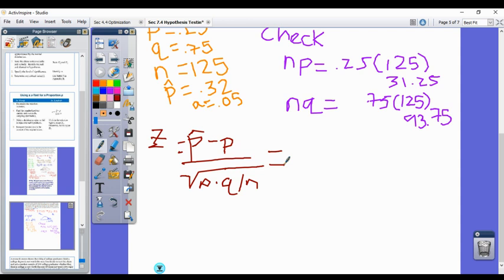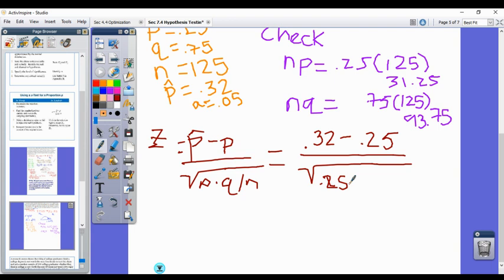Okay, so let's plug in. We have 0.32 over the square root of 0.25 times 0.75 divided by 125. I'm really trying to write nicely.